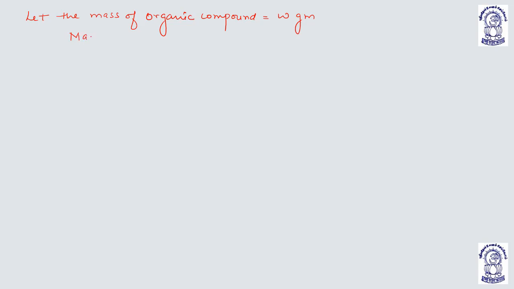The mass of silver halide formed is A grams. As we know, 1 mole of silver halide will give 1 mole of halogen.